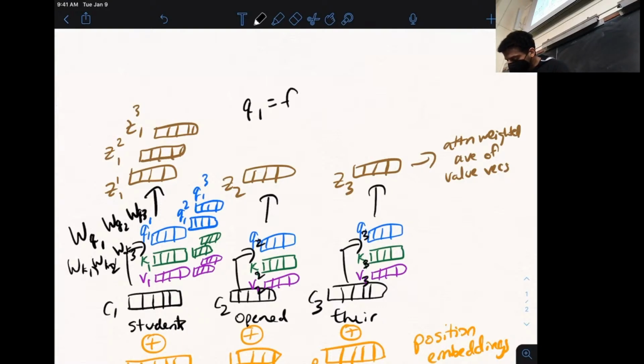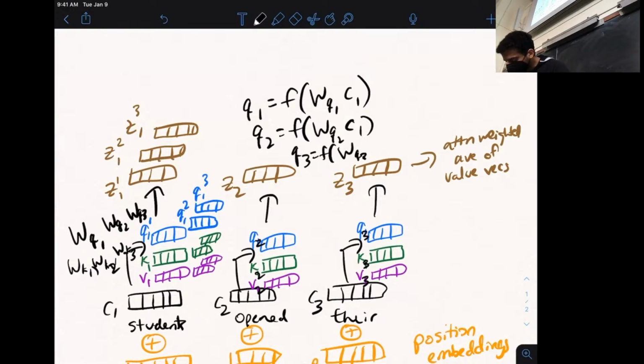Q1 equals F of W_Q1 times C1. Q2 equals F of W_Q2 times C1. Q3 equals F of W_Q3 times C1. So they're all projections of the same input. The only thing that changes is the weight matrix, the W.